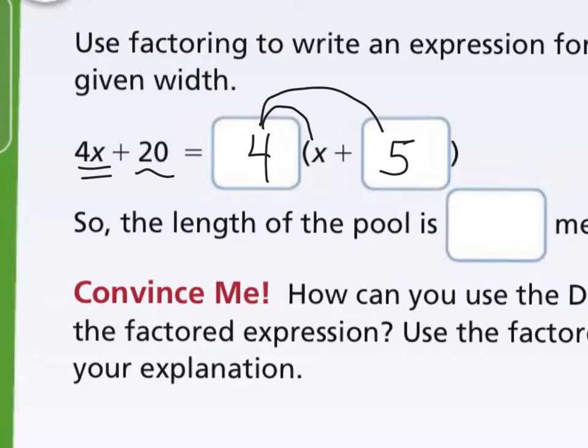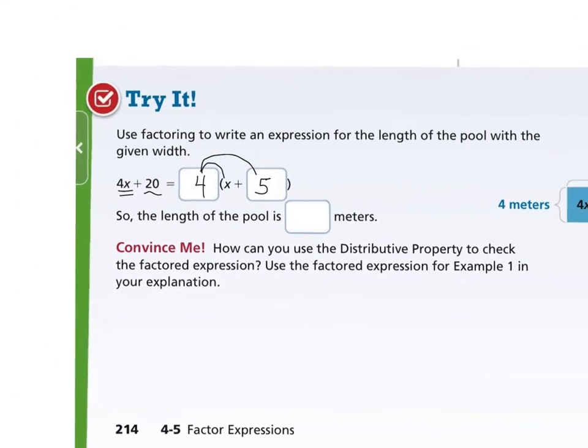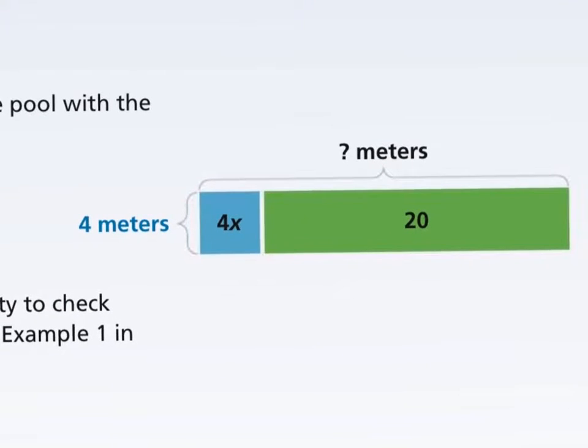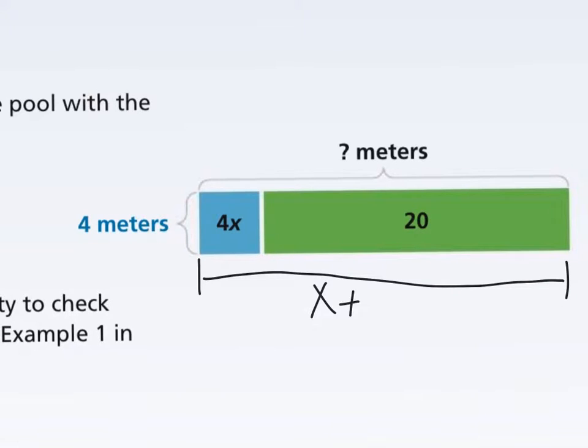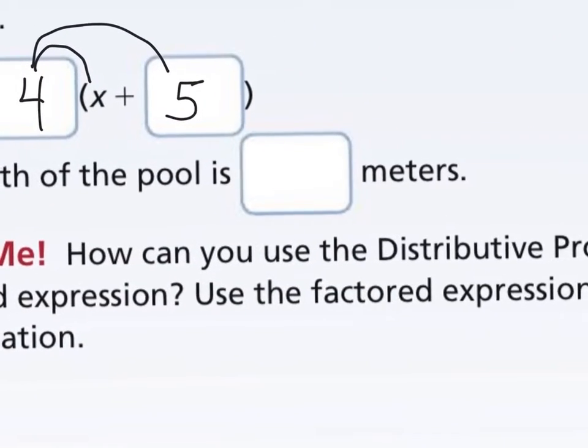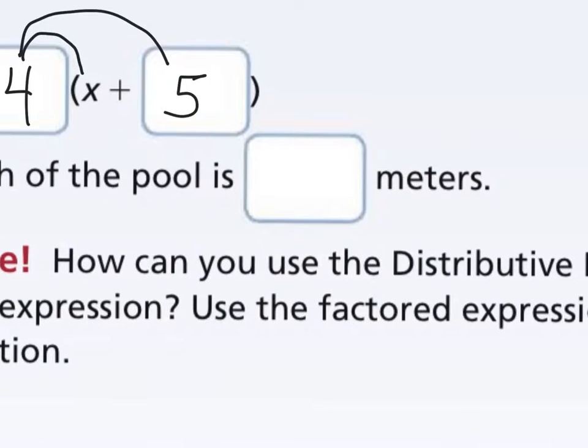And so if you look at the picture now, if we know one dimension was 4 meters, then this other dimension would be the x plus 5. 4 times x plus 5 is how we get that area.